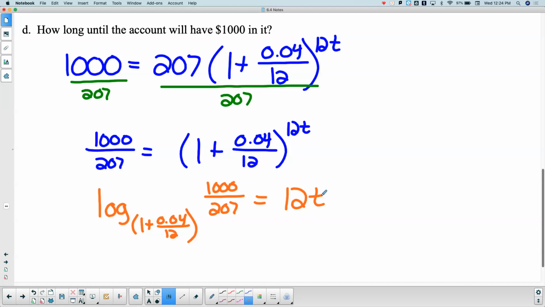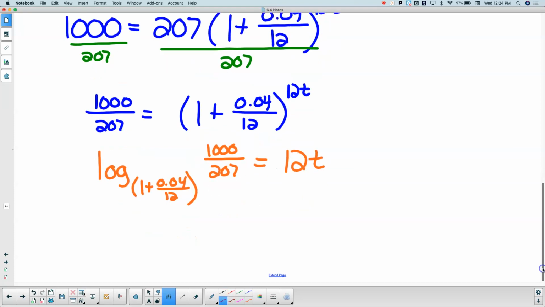I think what you're saying is I want to take the log of 1,000 divided by 207 and divide that by the log of 1 plus 0.04 divided by 12.